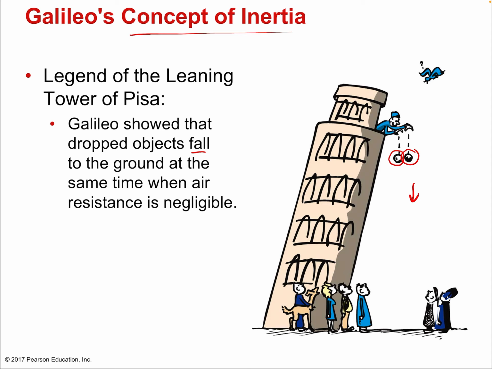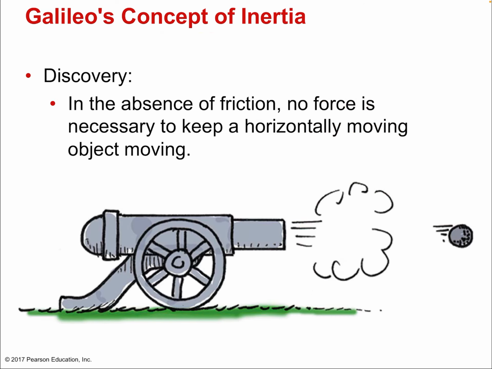Well, it wasn't immediately evident, but it definitely showed that the rate at which things sped up when they're in free fall was independent of their mass. So, continuing with the discovery related to the concept of inertia, we can say that in the absence of friction, no force is necessary to keep a horizontal moving object moving.